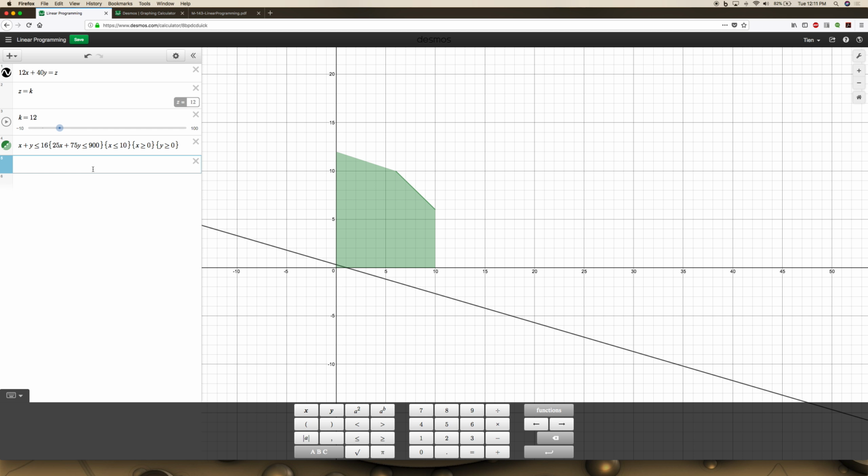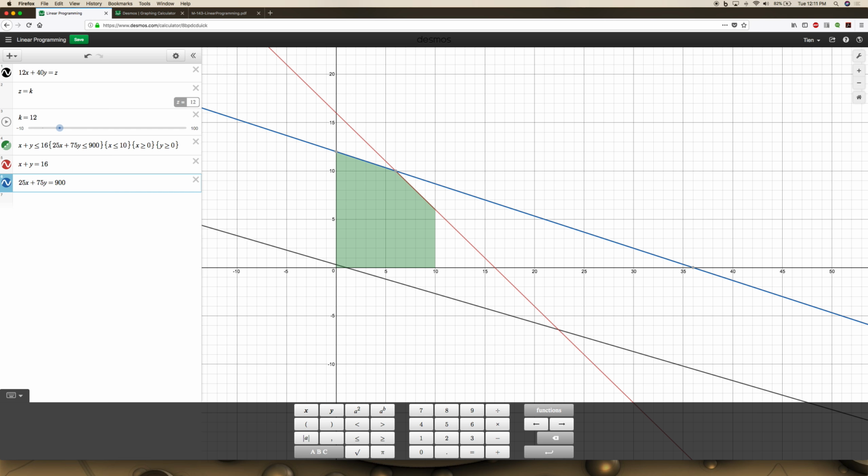But it's honestly so much easier just to put those lines in directly. Go 900, say x is 10, x is 0, y is 0.